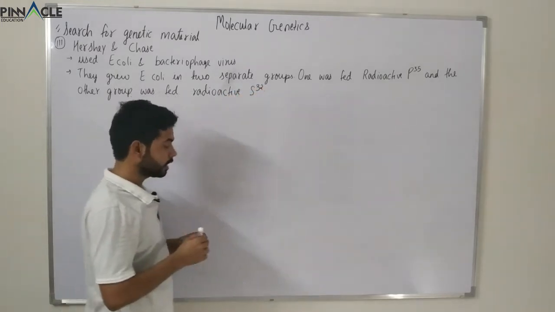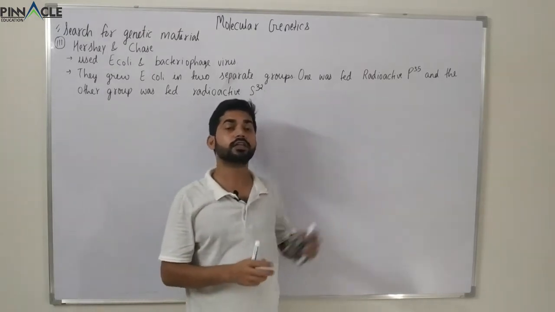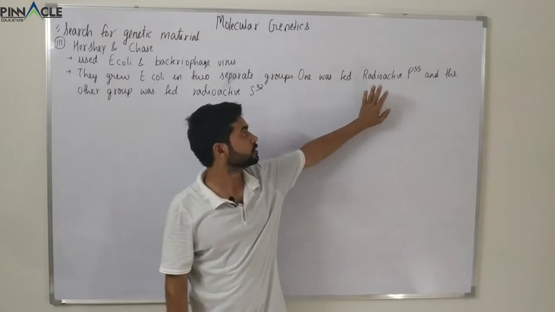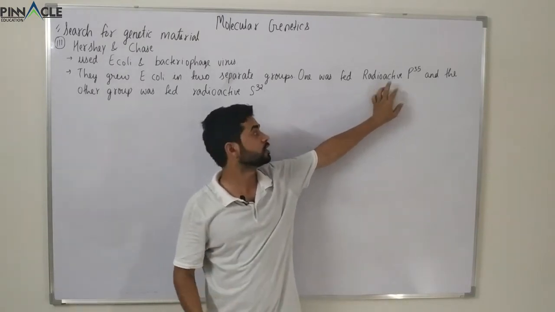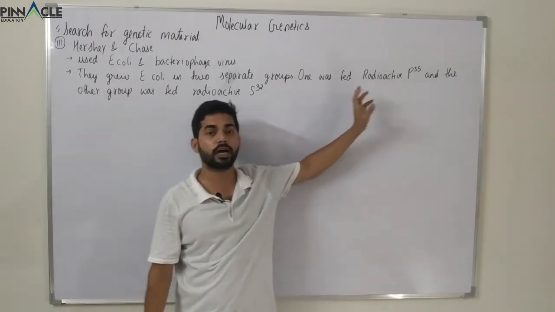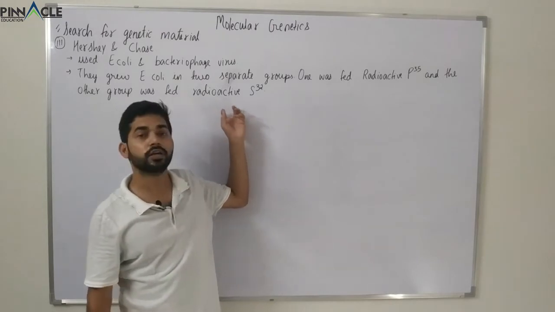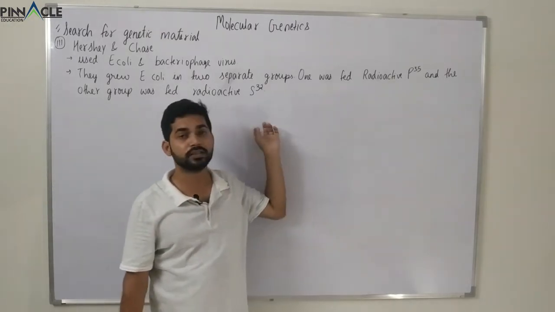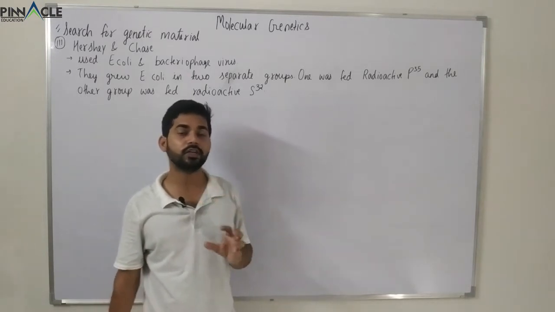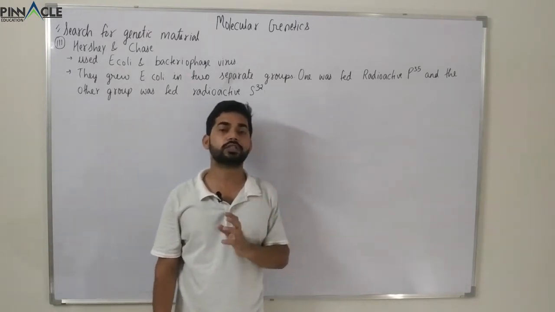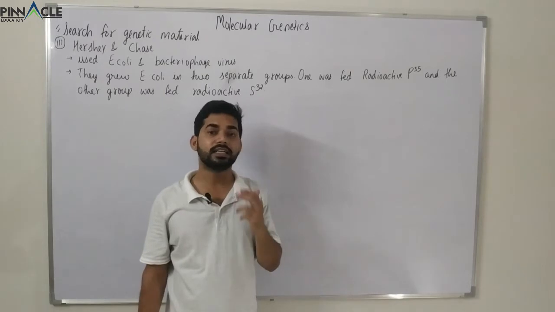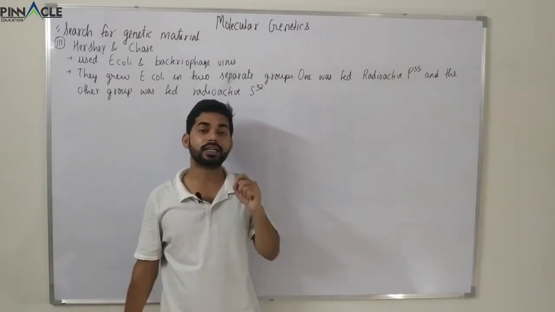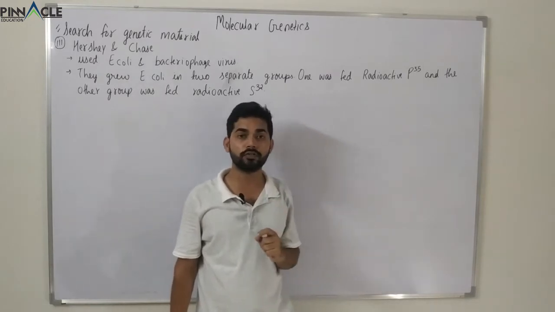So these two chemicals were used first in the case of E. coli. When E. coli is grown on a substance that contains phosphorus 35, a radioactive isotope, and sulfur 32, also a radioactive isotope, and these are fed to the bacteria, then we know from our biomolecules chapter that DNA contains phosphorus, that is a phosphate group is contained in every nucleotide of DNA.